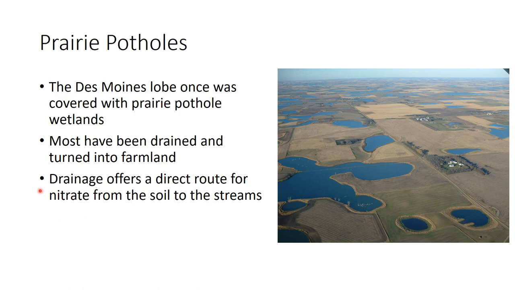So one issue with that is instead of the soil being able to denitrify the water and remove the nitrate from the system, this nitrate is able to freely drain through the soil, going to a tile line, and it basically then has a direct route into the Raccoon River.